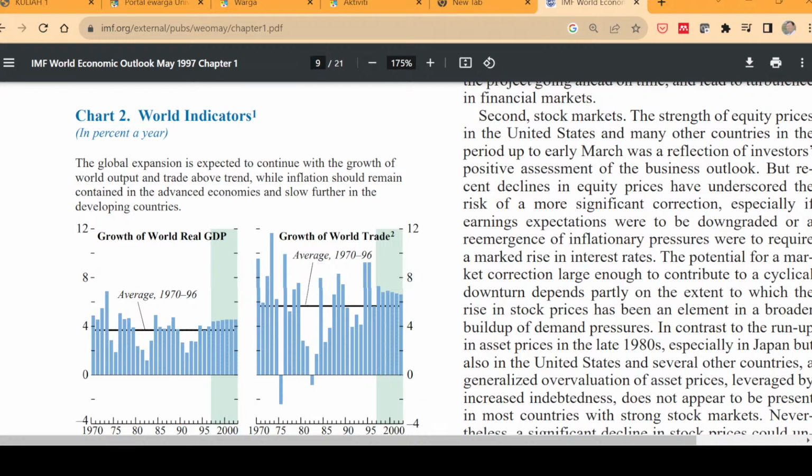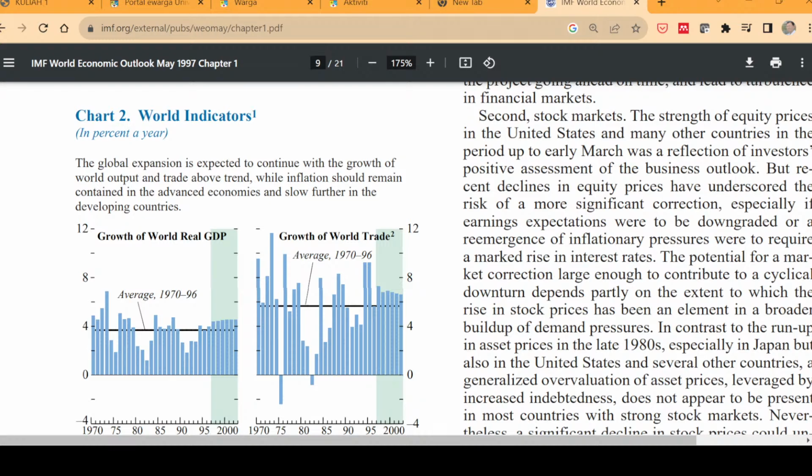Okay, in 73 because of the oil shock, the economy went down below the average of 1970 to 1996, just about 1 point something here, not even 2%, and this is about 1%.